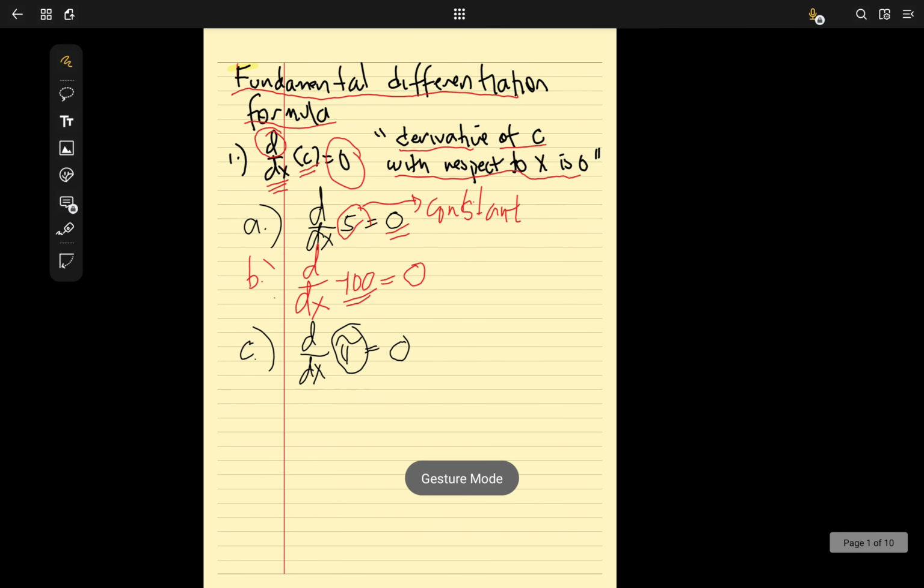You'll have 2x times the derivative of v, which is 1, plus x plus 8 times the derivative of u, which is 2. That's u dv plus v du.